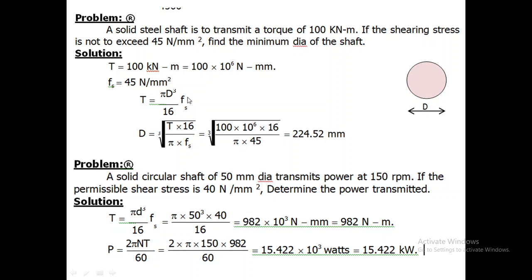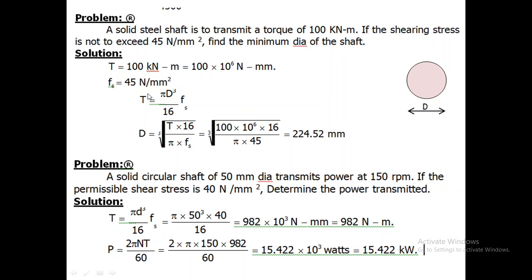As I told you, different authors or different textbooks use different notations. So the tau Fs is nothing but the shear stress, or the tau in the formula you derived. D is nothing but the diameter of the shaft. You can take small d or capital D.